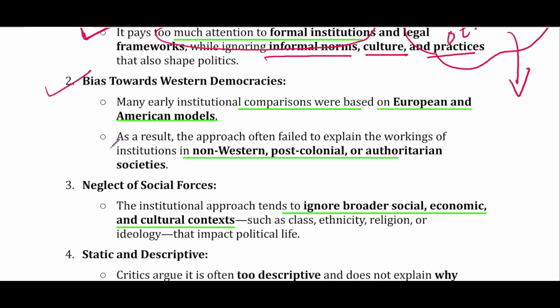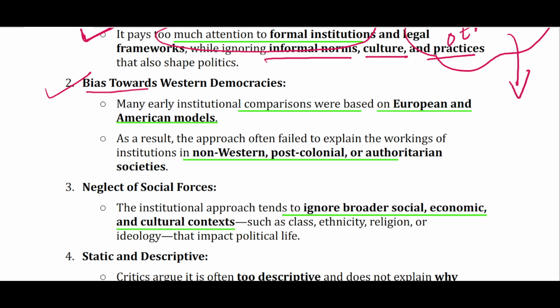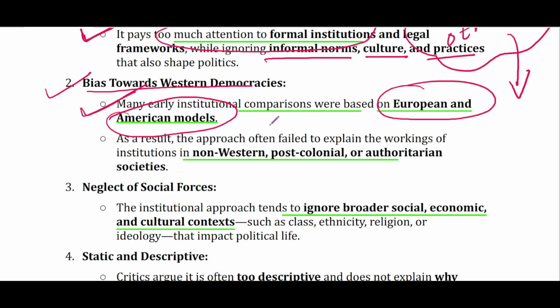Then this method is biased towards Western democracies, because most of the early comparisons were based on European and American models. That is, the European and American models, or their particular political outcomes in their respective countries, formed the standards against which other democracies, other countries were compared.